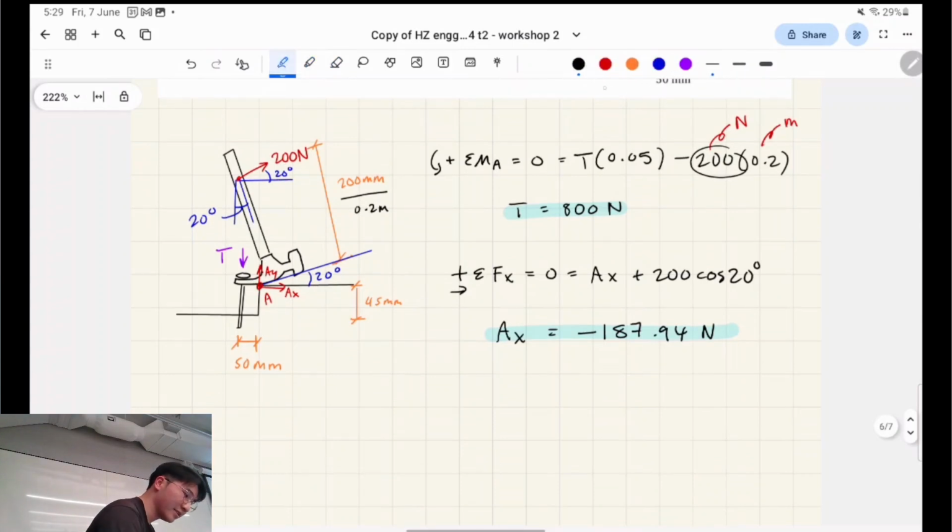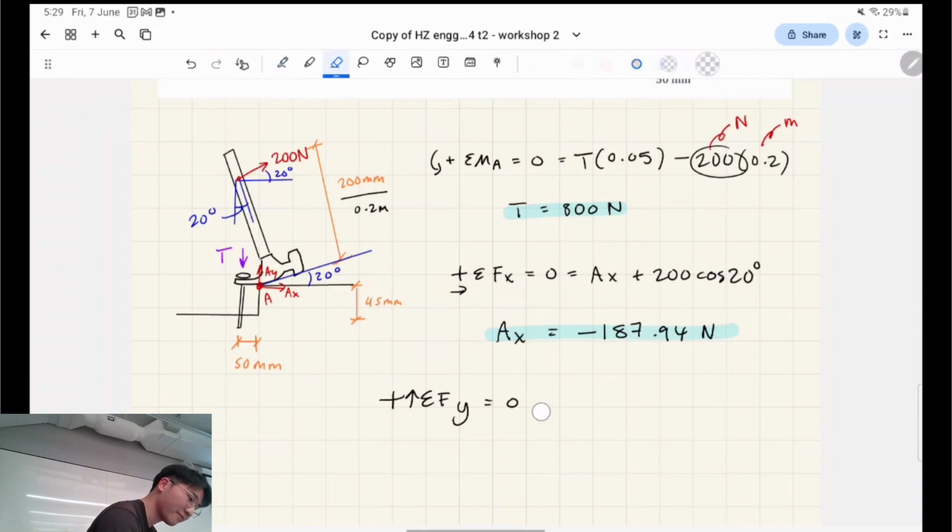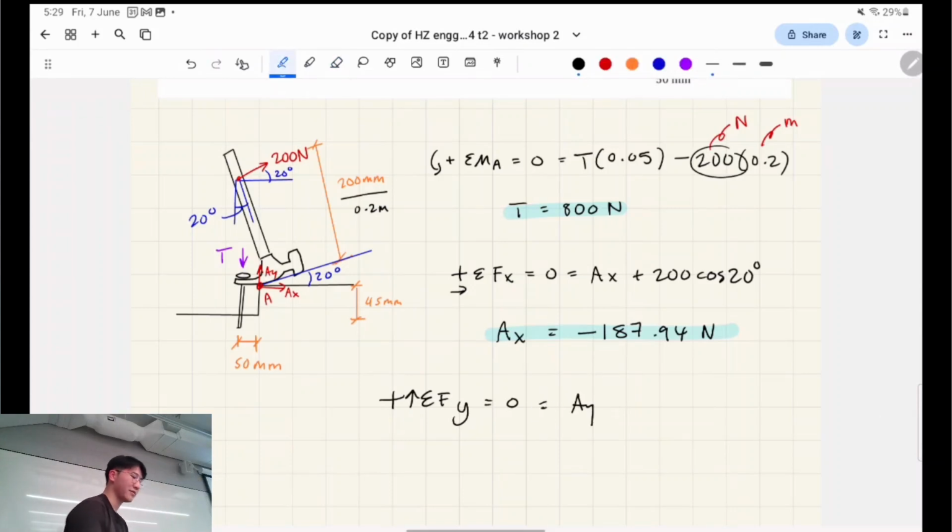Okay. Lastly, the last equation of equilibrium that we need to do is the y. AY acting up, same with the sine component of the external force. But now we also have to look at tension, the tension of the nail.